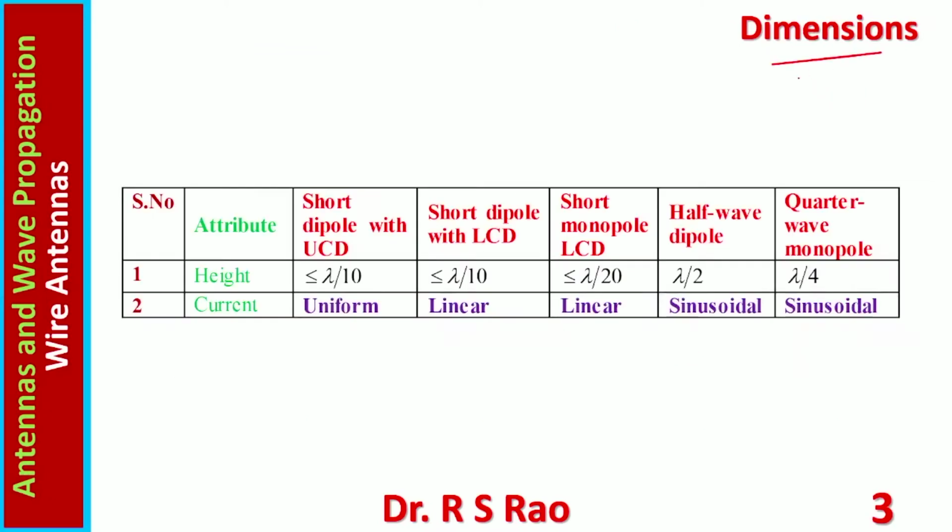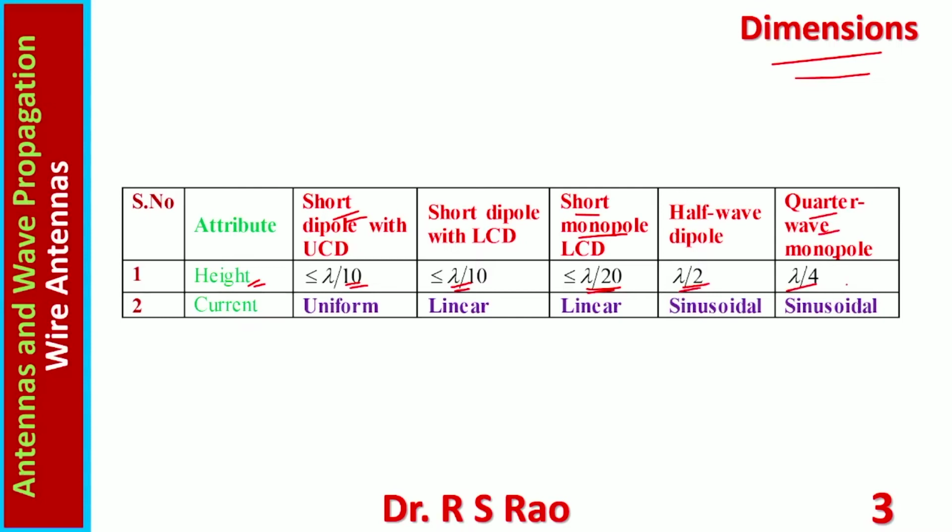A few points regarding dimensions. Short dipole is a short dipole only when its height or length is less than or equal to lambda by 10. Short monopole is a short monopole only when its length is less than or equal to lambda by 20. Half-wave dipole is a half-wave dipole only when its length is lambda by 2. Quarter-wave monopole is a quarter-wave monopole only when length is lambda by 4.